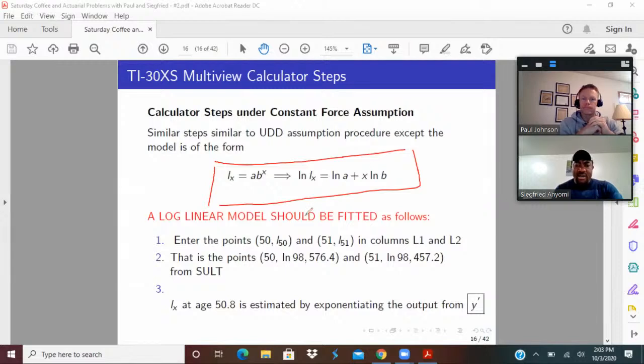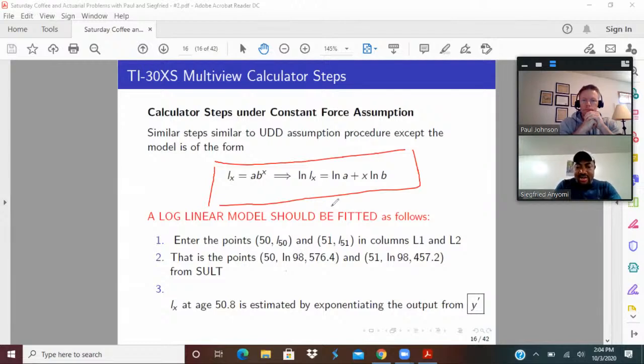The only difference here is that when we enter the values of the ages and the LXs, which are the x's and the LXs, in the L1 and L2 columns of the data function, instead of entering the LXs, we're going to be entering the natural logarithm of the LX.